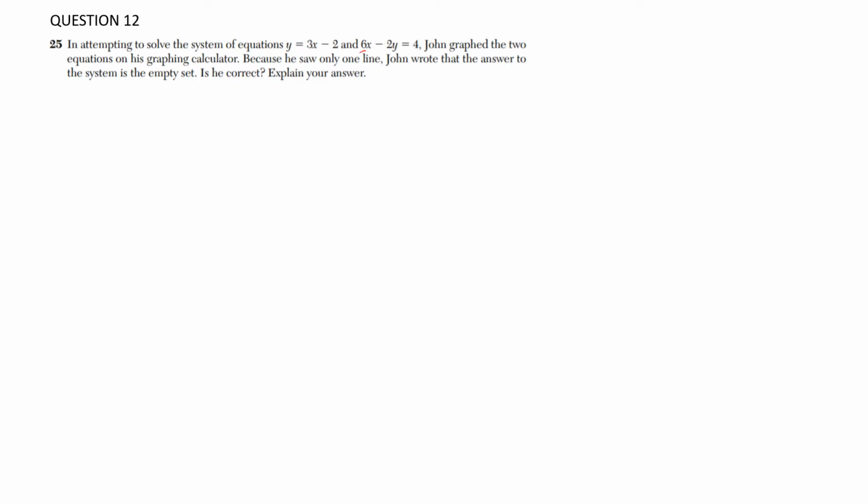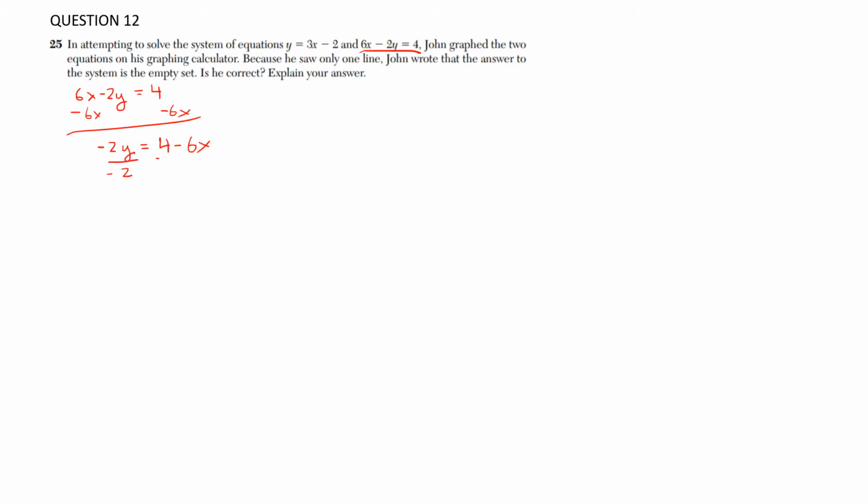I want to convert this second equation quickly to y equals mx plus b form so I can visualize it. So 6x minus 2y equals 4. Let's bring the 6x over to this side. So it becomes negative 2y equals 4 minus 6x.